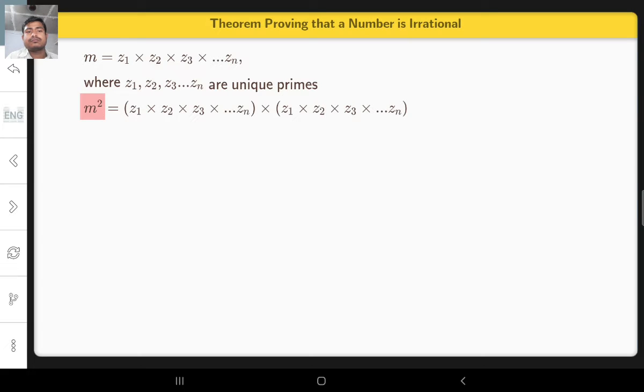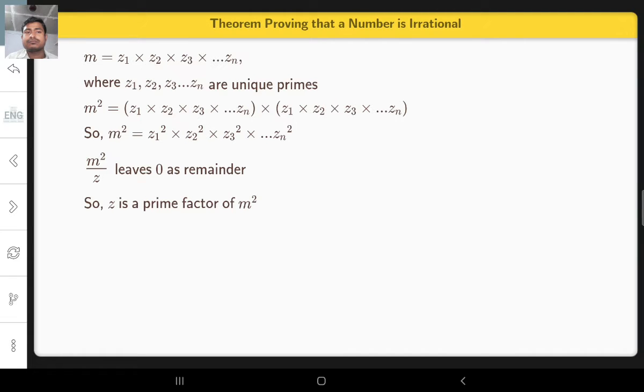Now m squared is equal to the product of z1, z2, z3 and so on up to zn multiplied by itself. So, m squared is equal to the product of z1 squared, z2 squared, z3 squared, and so on up to zn squared.